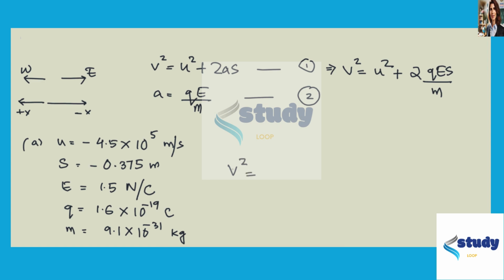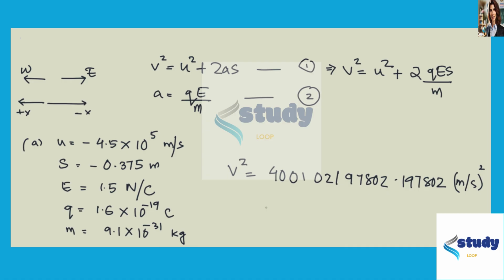Doing so, taking all the directions into account, we find v squared to be 403.197802 meter per second square.